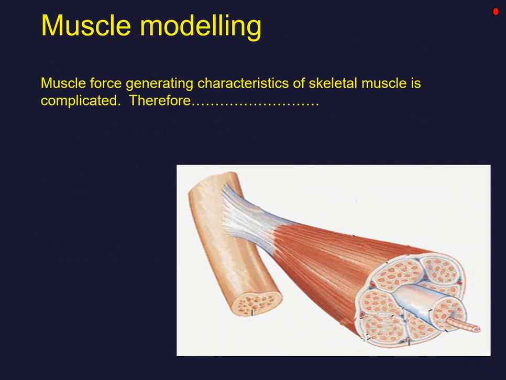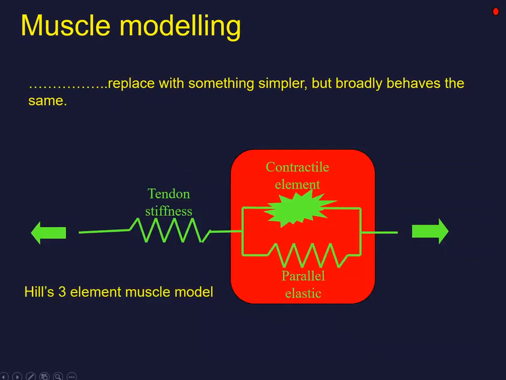Unfortunately, the force-generating characteristics of human muscle is very complex, so therefore we do the only reasonable thing. We replace it with something much simpler. This is an example of replacing the complex characteristics of the muscle with something much simpler. We replace the actual muscle with an in-series tendon stiffness, some idealized contractile element, and we put an elastic element in parallel with it.